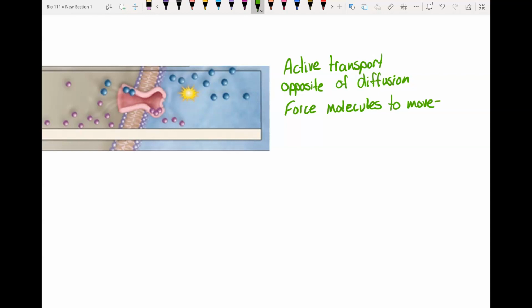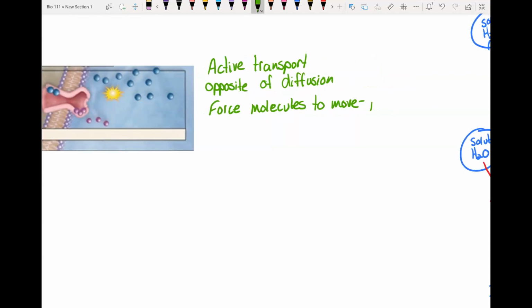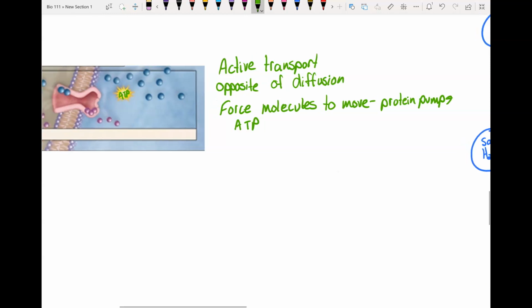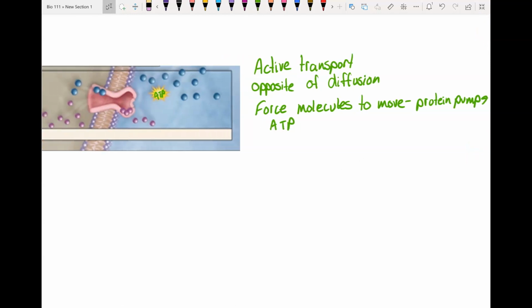And you're going to do this with what's called a protein pump. So the pink thing in the picture here is a protein pump. And it's going to use ATP. You have to use energy. So here, this yellow circle is your ATP. And you're going to make them be more crowded.